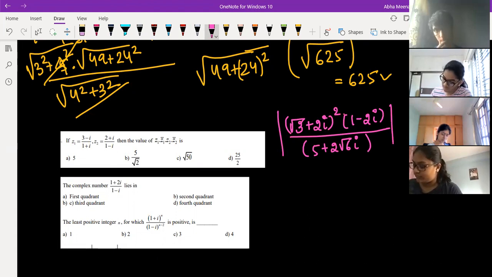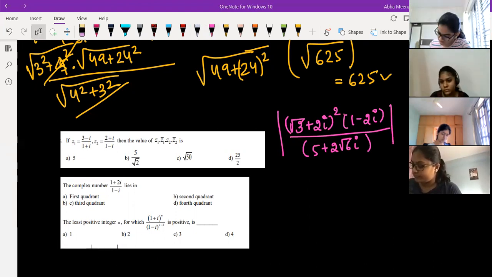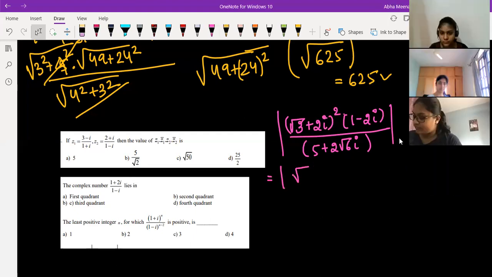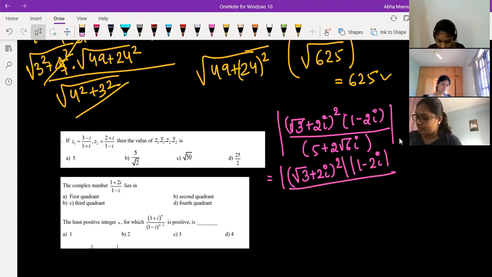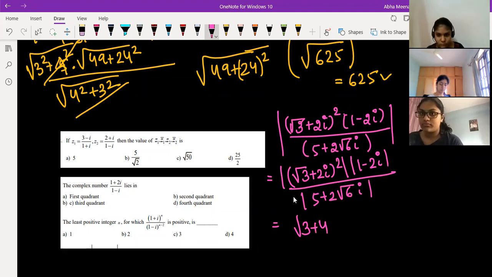So this is nothing but modulus of root 3 plus 2i whole square into modulus of 1 minus 2i divided by modulus of 5 plus 2 root 6i. Right? So what is the modulus of root 3 plus 2i? Root of 3 square plus 4, that is root 7, whole square.